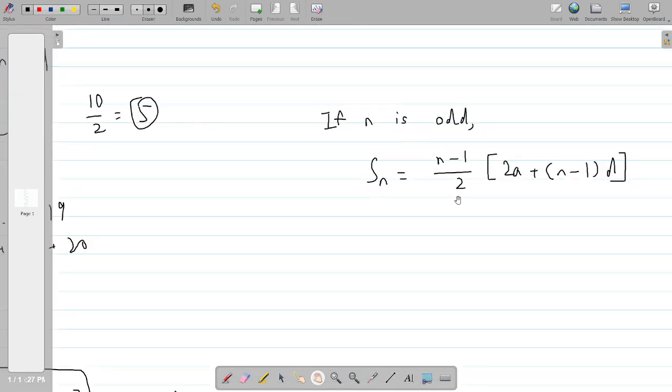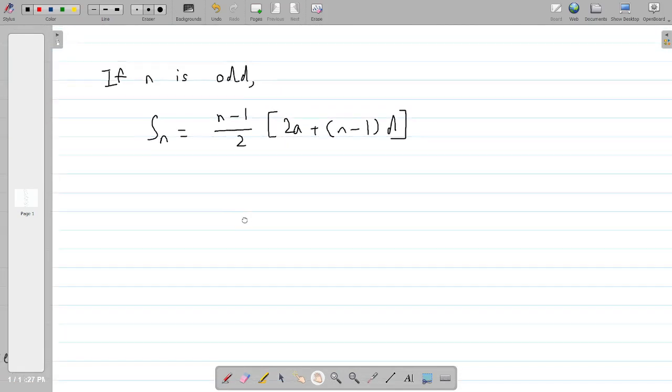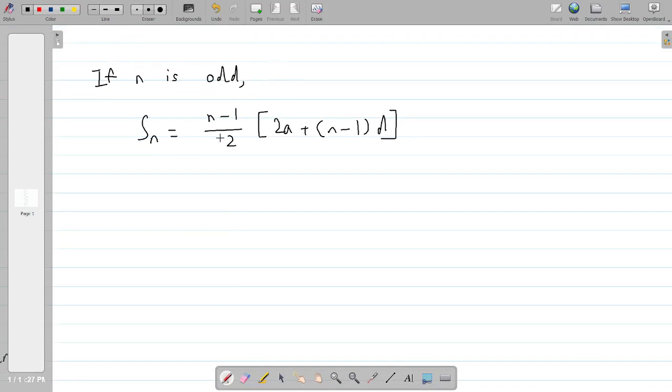We still have n minus 1 over 2 as a whole number, because n is odd, which gives us a specific number of pairings. So if n is odd, we're just going to take that and then add that leftover term, because every term except the leftover one has been paired. So we just have to add it with whatever that one is.